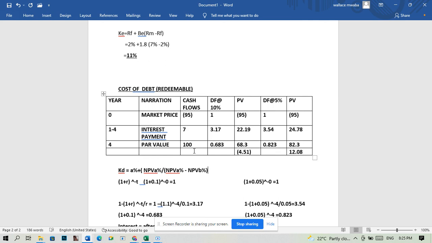Close brackets. Then you open brackets again and say B% minus A%.